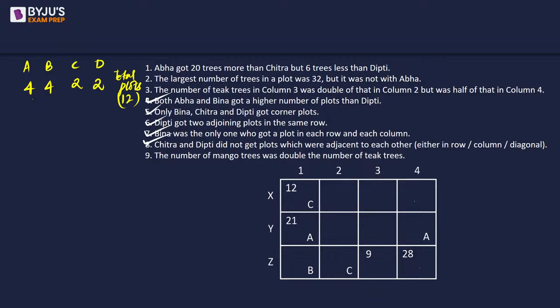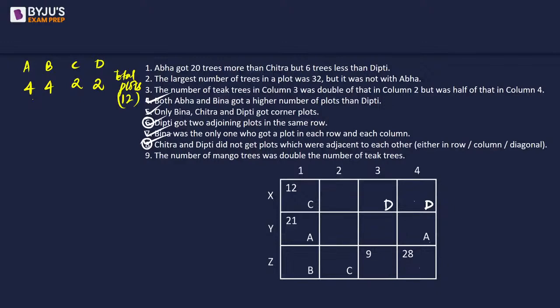So if I combine the 8th point and 6th point, since this is Chitra, we can't have Dipti here, here, or here. And since Dipti is supposed to get two adjoining plots in the same row, the only possibility left is to have Dipti here, because A is already filled below. So Dipti's two plots are done.